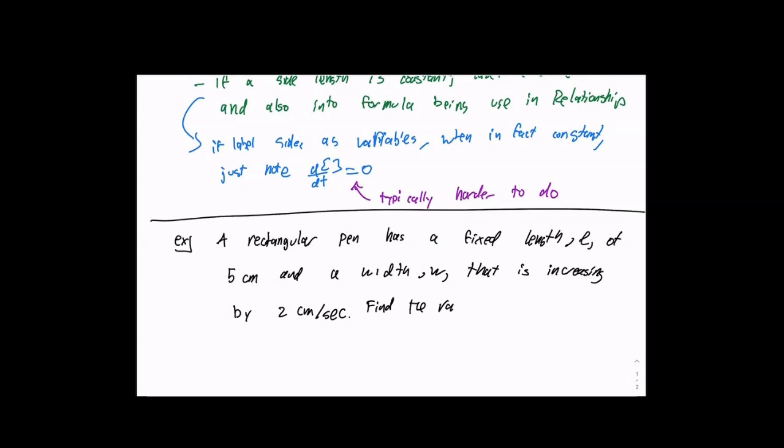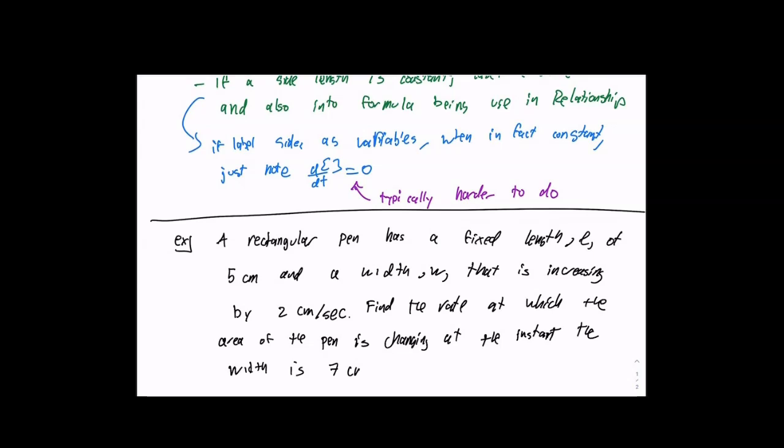Find the rate at which the area of the pen is changing at the instant the width is 7 centimeters.